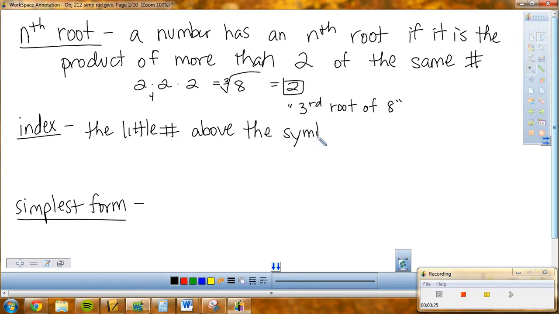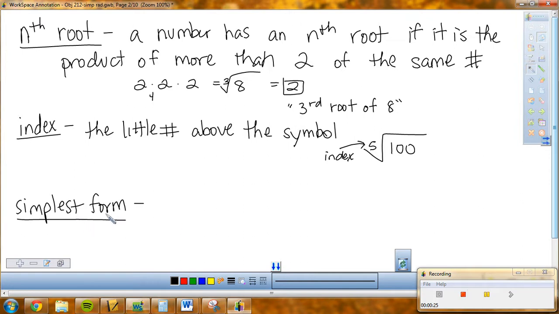So something like the 5th root of 100. My index here is 5. It's just that little number. It's the root that we're talking about.